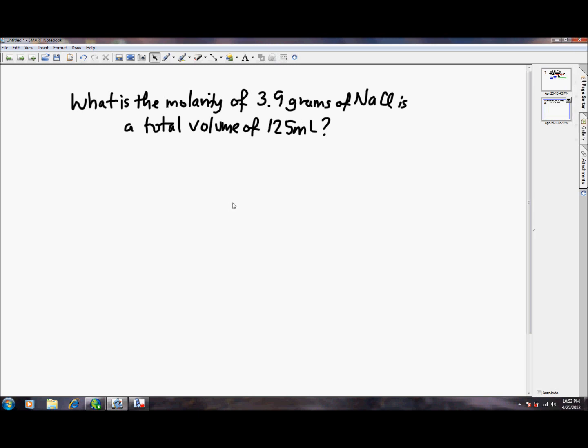Okay, so we need to use our molarity equation. So the molarity will equal moles per liter. Now, let's look at our problem. It says grams. Grams are not moles.